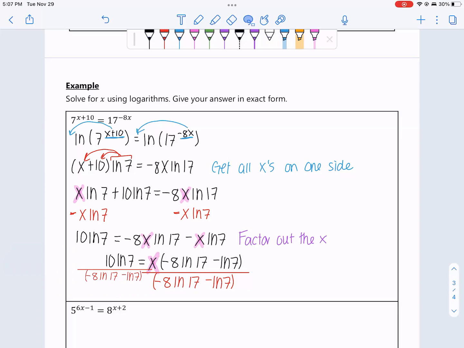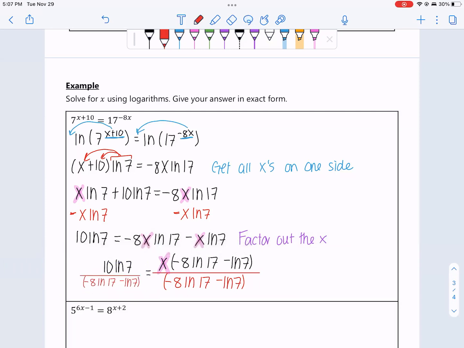That looks awful, but it's just kind of what it is. Spend more time doctoring this than if I just did it the long way. All right, so you're dividing by all of that stuff so that you can just be done with it. You get a final answer of x equals 10 ln 7, all divided by negative 8 ln 17 minus ln 7. That is our final answer.